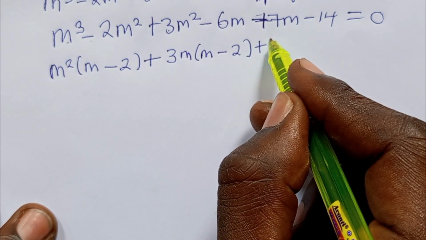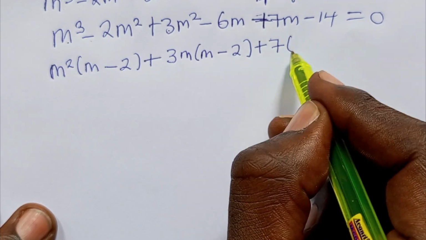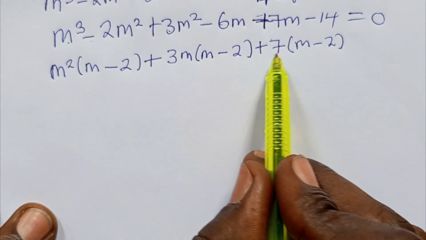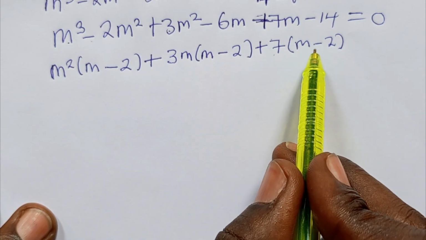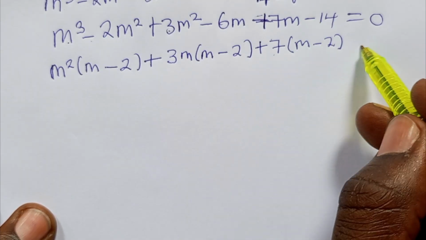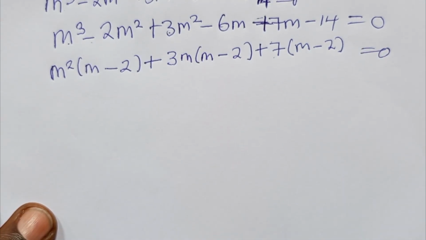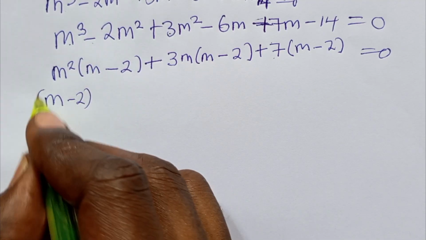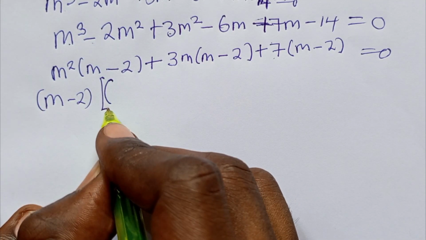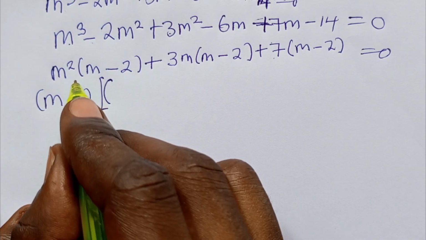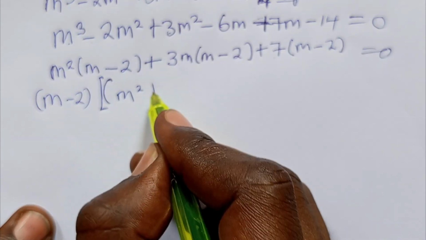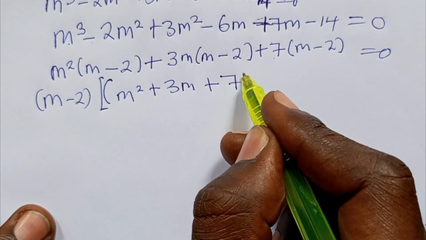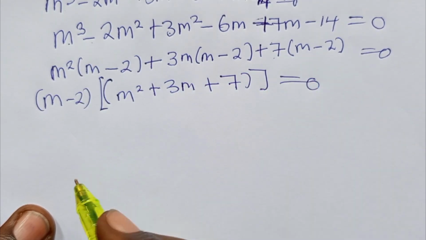Then what is common between these is 7. We have m minus 2, so if we multiply this we get back 7m minus 14 equals 0. So notice that m minus 2 is common between all these, so we factor m minus 2 out, leaving m squared plus 3m plus 7 equals 0.